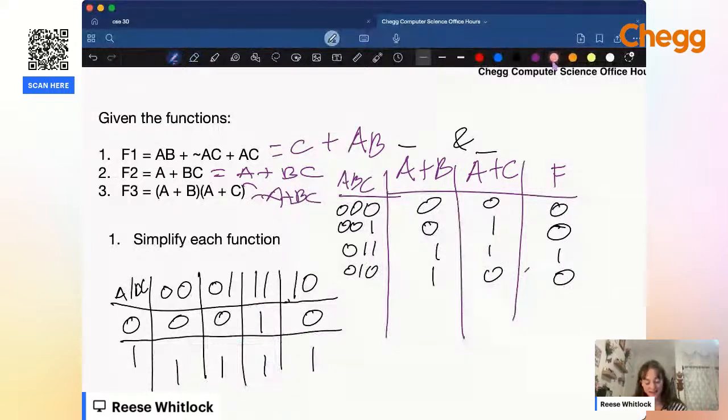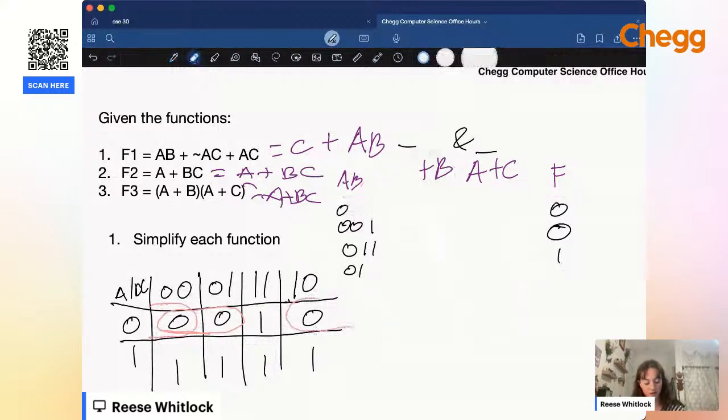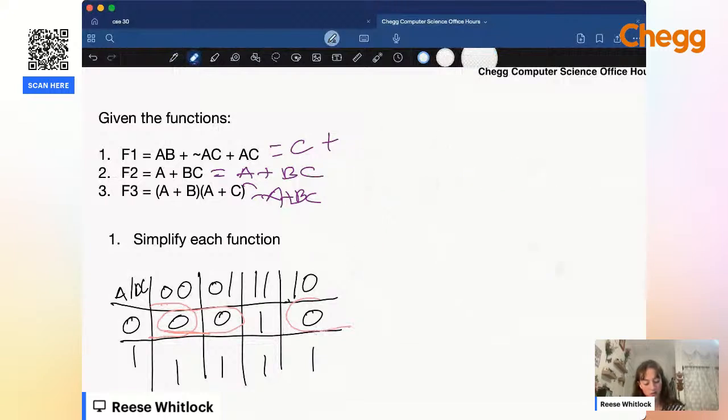All right, so instead of focusing on the ones, I'm gonna focus on the zeros. So this is a circle, and it can wrap around also. So this is also gonna be a rectangle. All right, and then, oh, I erased that. We want that. C or AB.